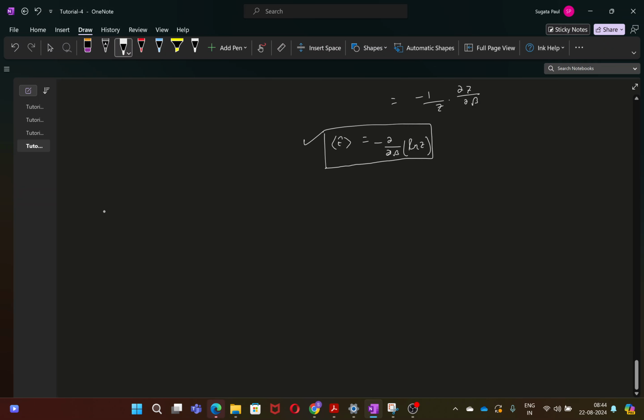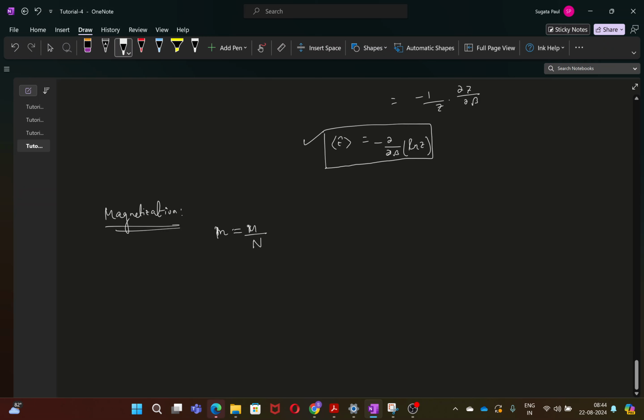Also, to look at the other quantities that we had mentioned in the question, one important thing is the magnetization, because this is a spin system, right? So magnetization is a very important or crucial quantity that is to be measured from this kind of system. Magnetization is normally measured as magnetic moment per unit volume, or you can say magnetization is written as the total magnetization divided by your total number of spins.